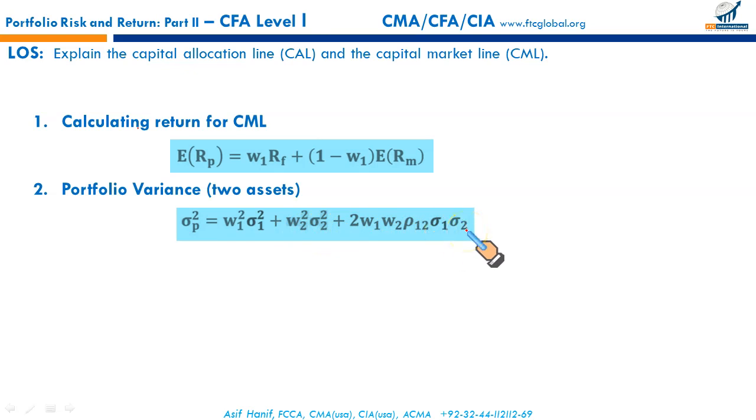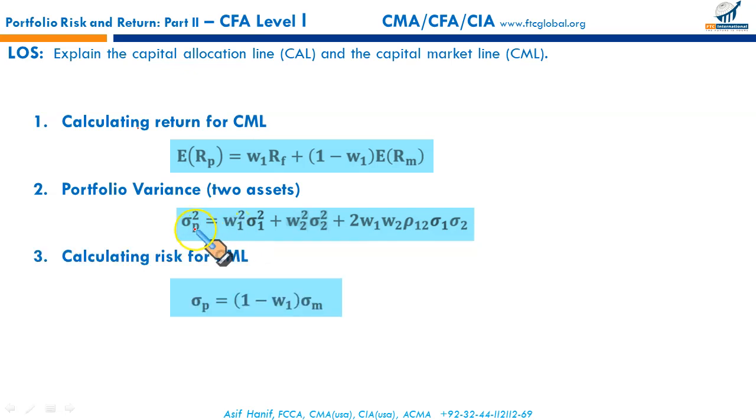Since the risk of the risk-free asset is 0, the standard deviation representing the risk-free asset becomes 0, and so does its variance. So these two terms become nil, and in the end you will just have the variance: W2 squared times the variance of the risky asset.